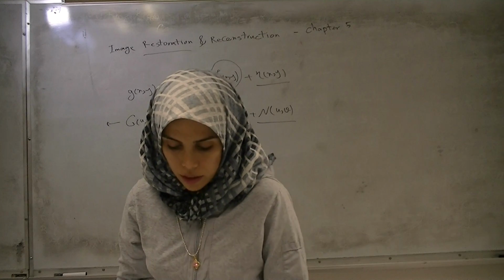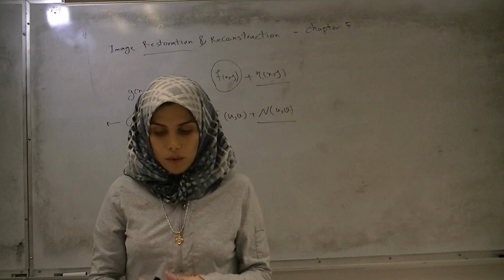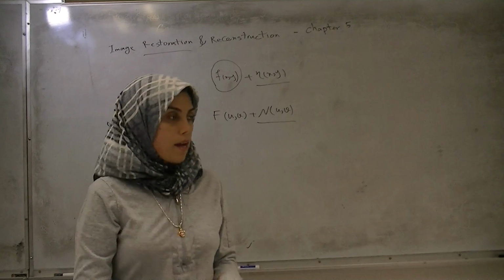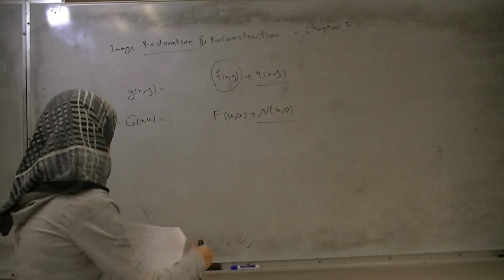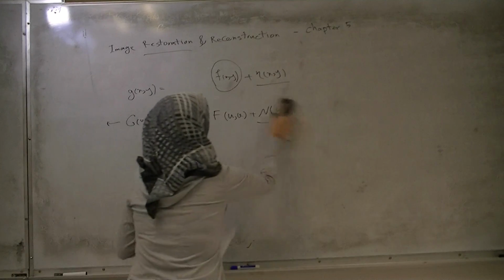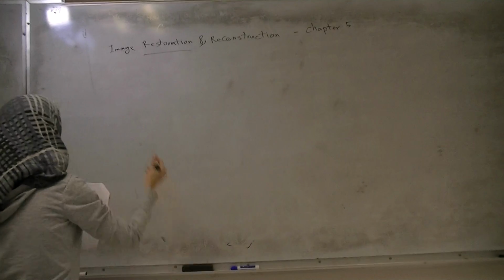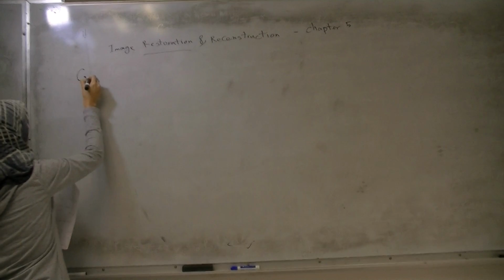Okay, now let's go to some important noise properties and denoising functions, and talk about them here. The first noise that I want to talk about is the Gaussian noise.